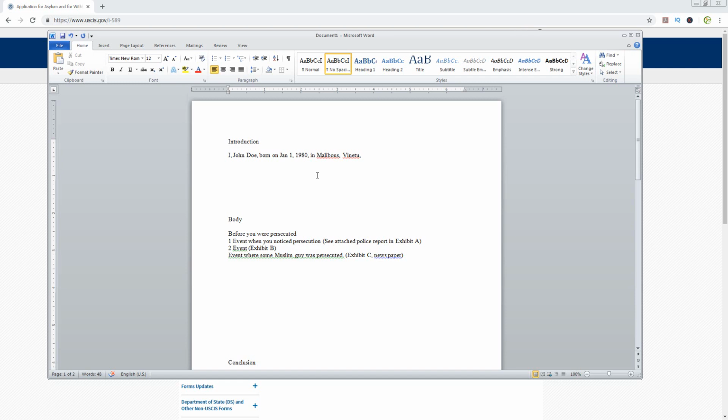Why is it not right? Obviously, because it is not honest. You're not being truthful. But it is also not good. Why? Because you are the one who will be talking to the immigration officer, not your attorney. So the questions that the immigration officer is going to have based on the statement are going to be directed at you, and they are going to be based on the statement.